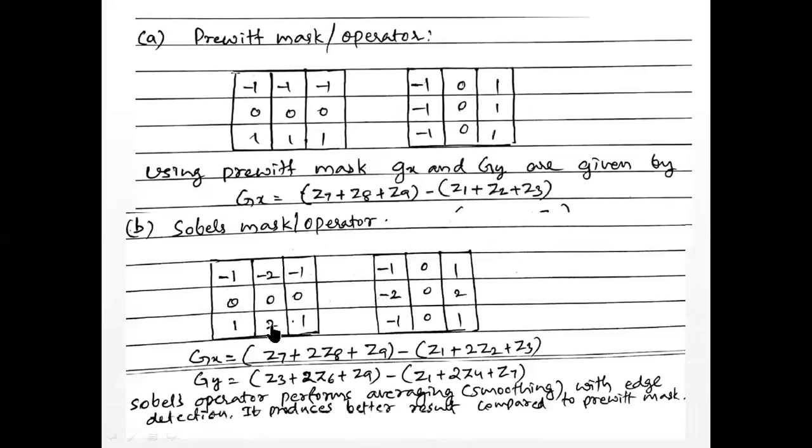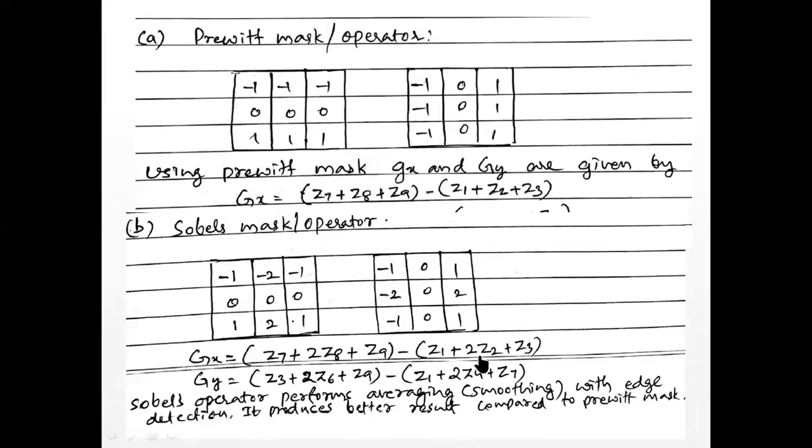So to calculate Gx, the equation becomes Z7 plus 2Z8 plus Z9 minus, in bracket, Z1, 2Z2, then Z3. As we have 2 as the coefficient in place of Z8 and Z2, we get 2Z8 and 2Z2.